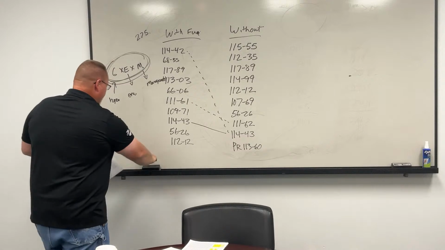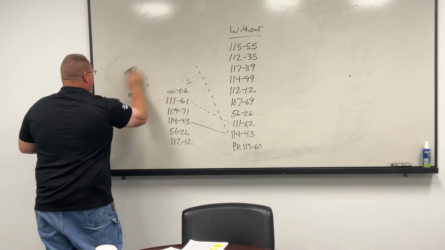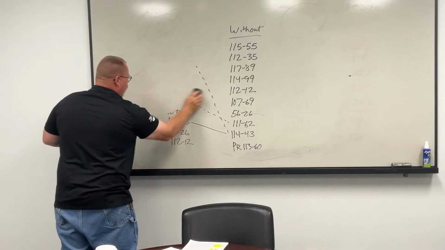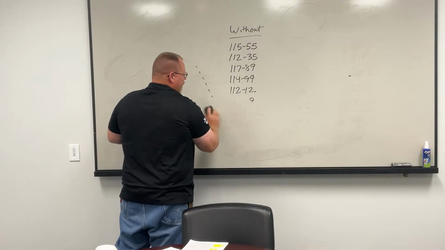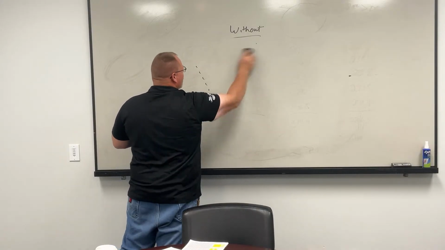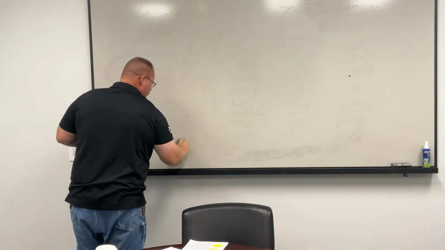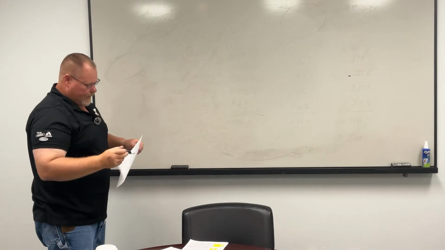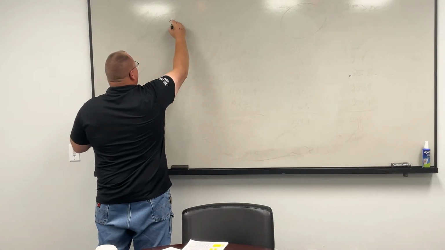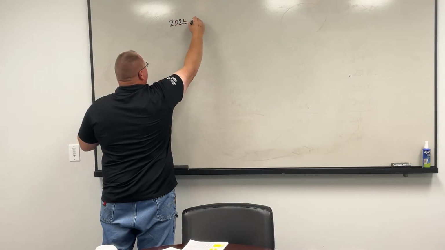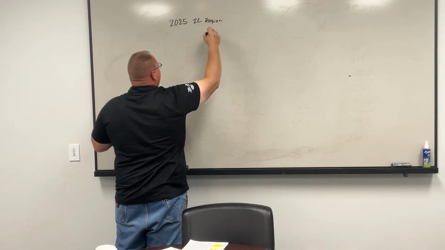So I'm going to do this again, a different way. If you find the perfect plot that was done exactly the way you farm, in exactly the environment you farm in, I don't want you to use that plot to pick your hybrids. So here's another way to pick hybrids. 2025 Illinois region.